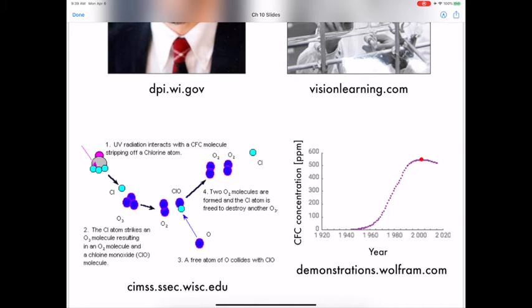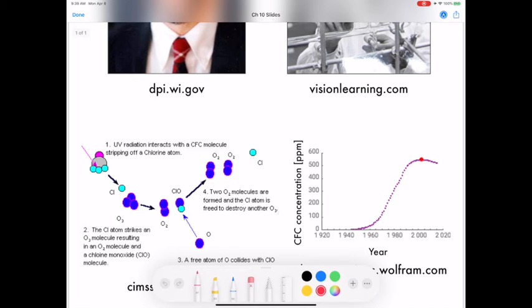But once these CFCs start diffusing into the stratosphere, they can react with the ozone gas. And so what happens is that, as you can see here, when these CFCs, which I'll circle here in red, enter the stratosphere, they could also react with UV radiation. And this causes the chlorine atoms off the CFC to fall off and to form a chlorine radical that you see here.